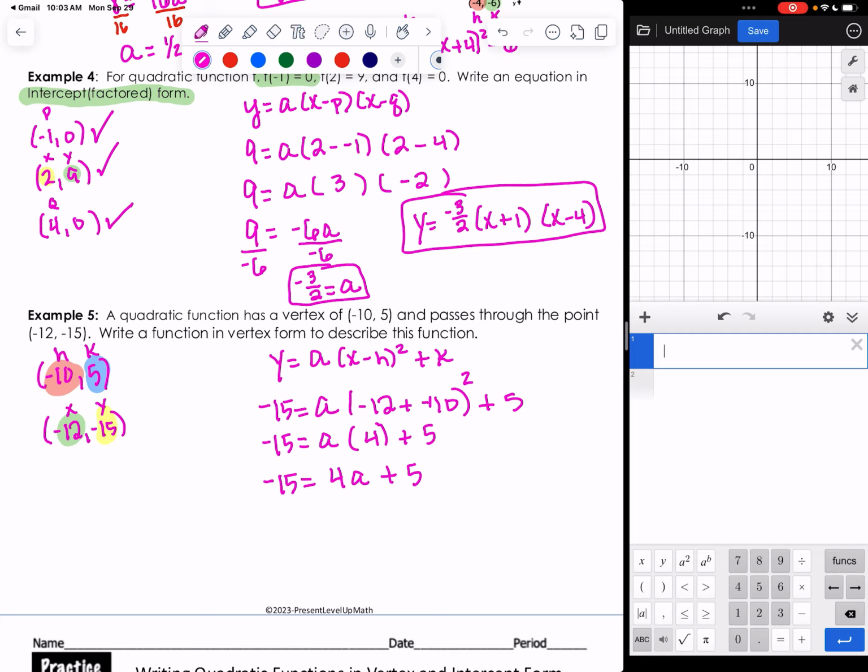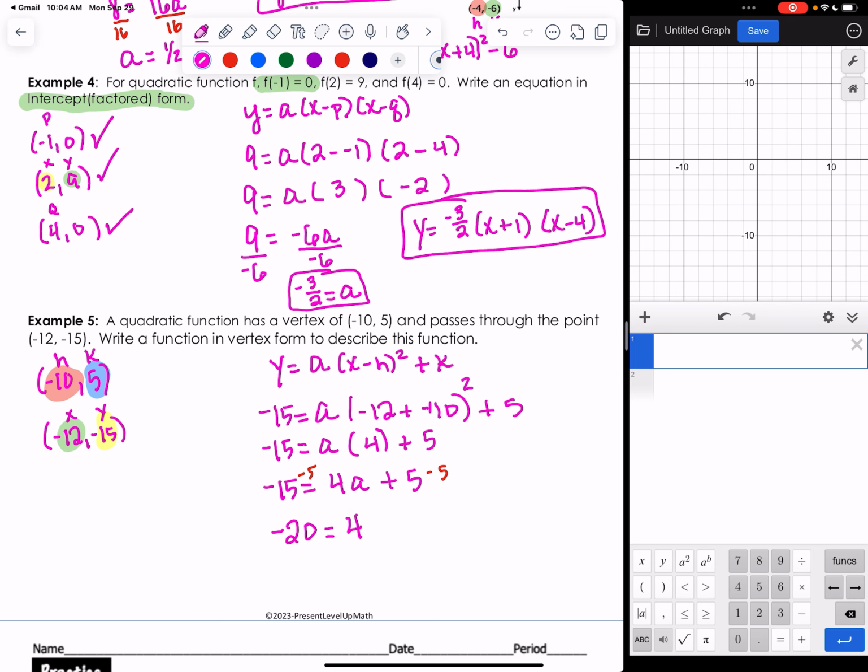Now let's solve for the value of a. So I will subtract 5 from both sides. -15 minus 5 gives me -20. On the right side, I would be left with 4a. Now divide both sides by 4 to solve for a. So that would be -5 equals a.